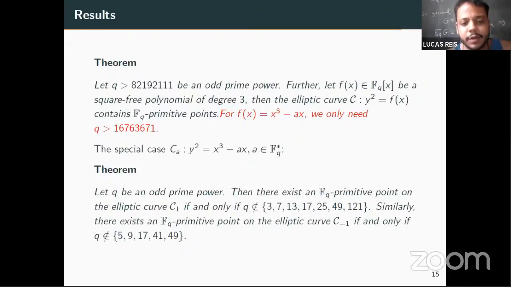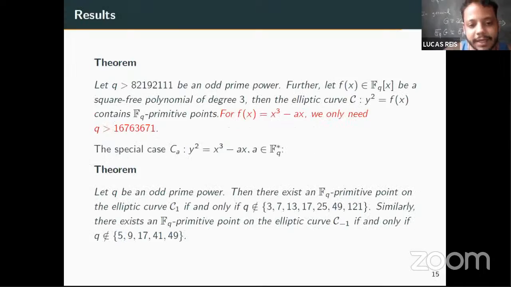And actually for a equals plus or minus 1, we obtain very interesting results. So q is an odd prime power. And so we always have Fq-primitive points on elliptic curve C1, so a equals 1, or C minus 1, a equals minus 1, unless q is one of these constants, and these are genuine exceptions.